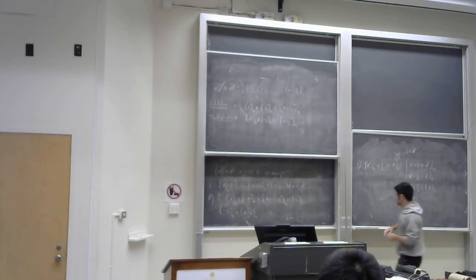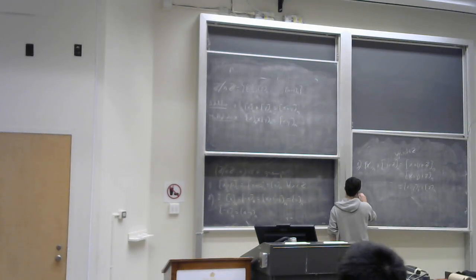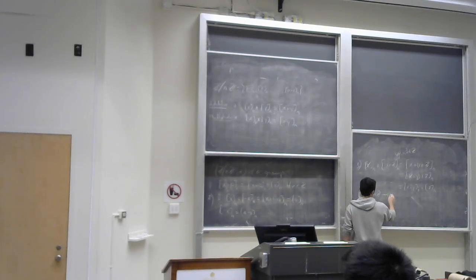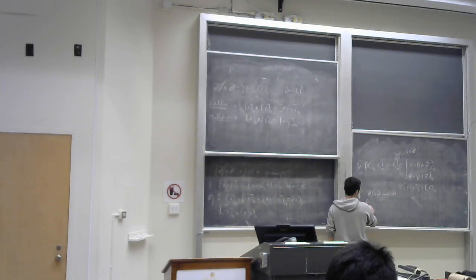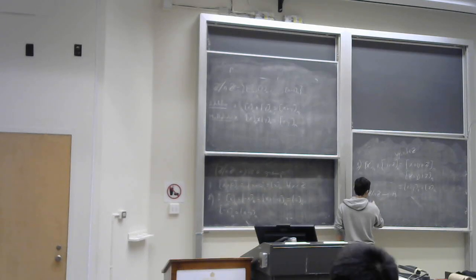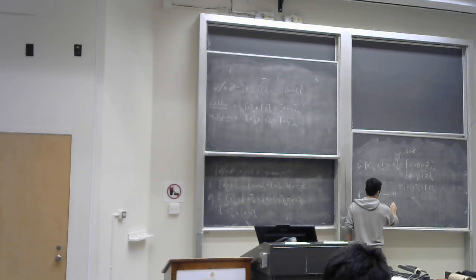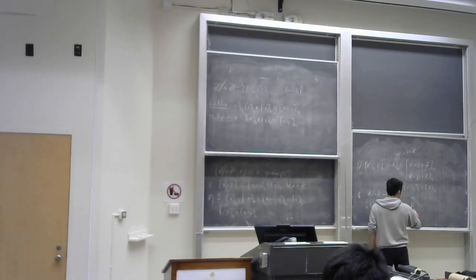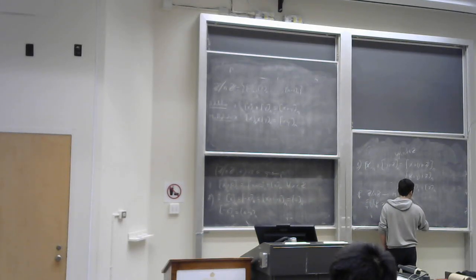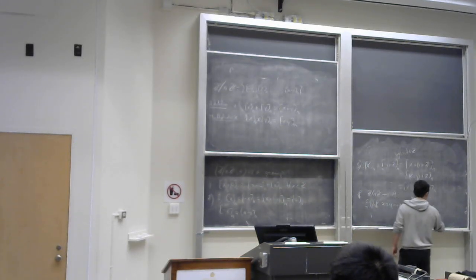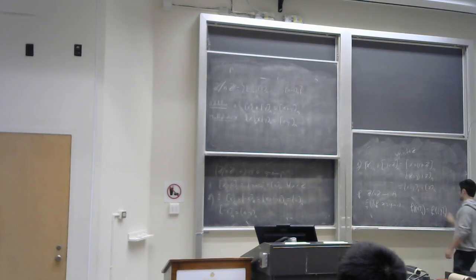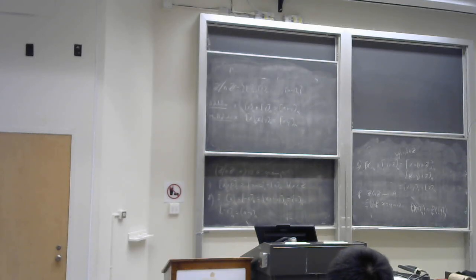What is a well-defined function from Z mod nZ to another set A? You need that if x is congruent to y mod n, then f of the class of x is equal to f of the class of y. Basically, your answer should not depend on the number representing the equivalence class.